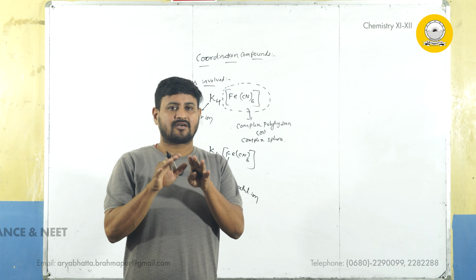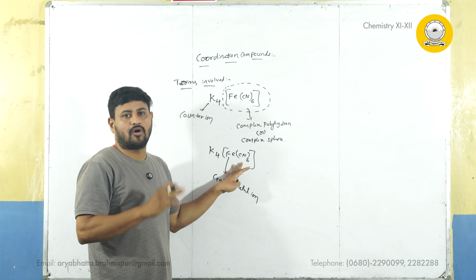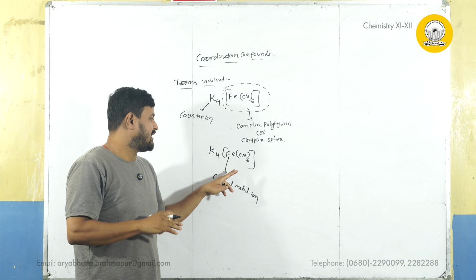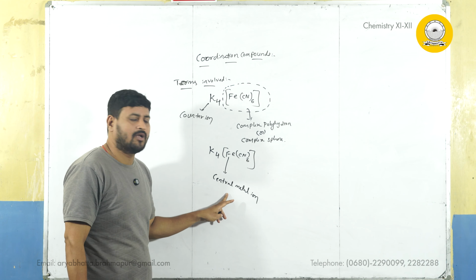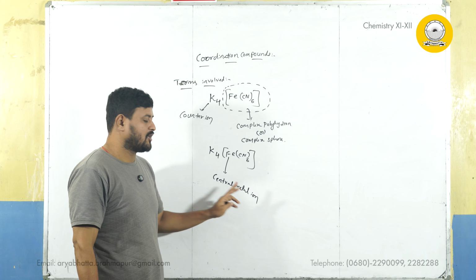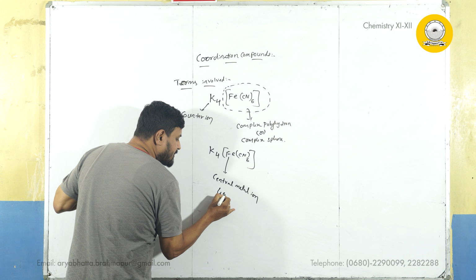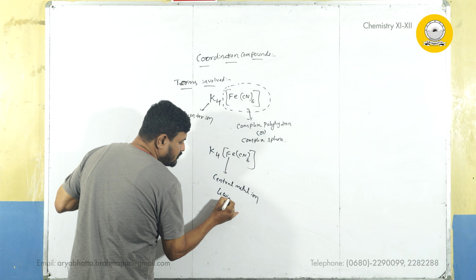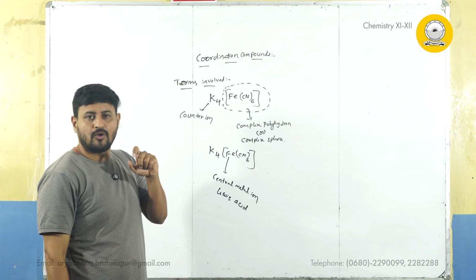Why? Because the characteristics for the formation of complexes are found in the d block. The d block has the maximum capability for the formation of complexes. That's why central metal ions are mostly d block elements. The central metal ion acts as a Lewis acid.